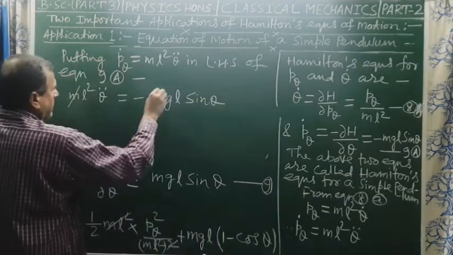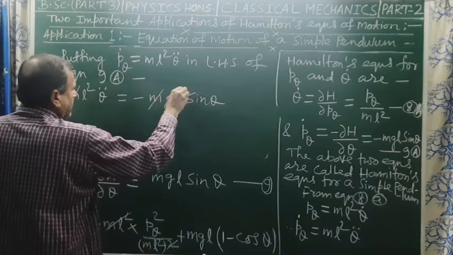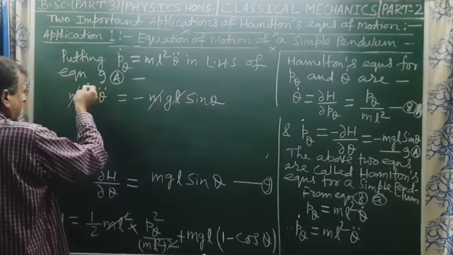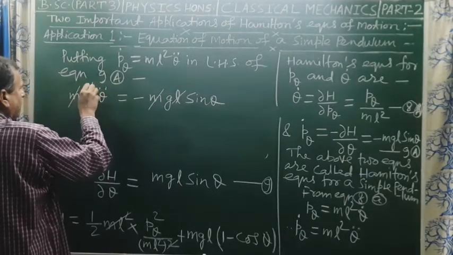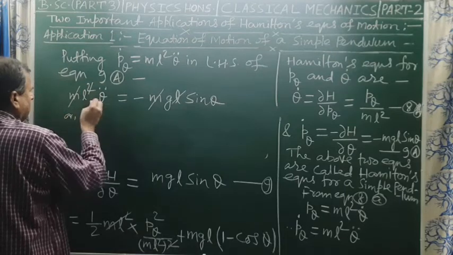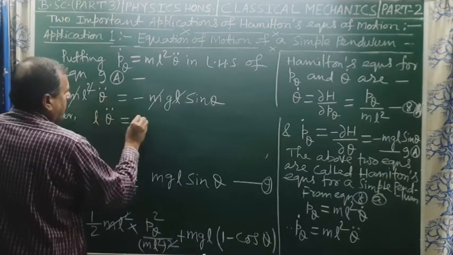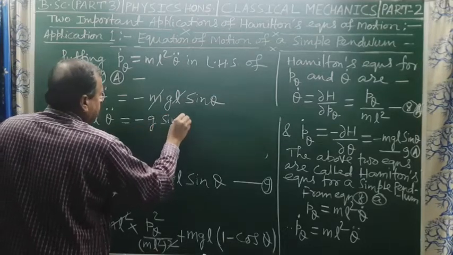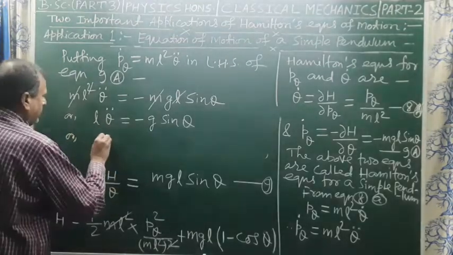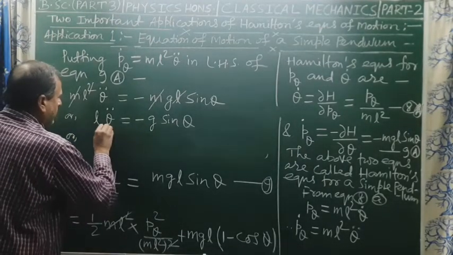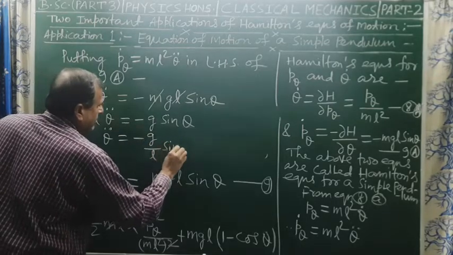Both m in the LHS and RHS will cancel out, and L in the RHS and L square in the LHS will cancel out, leaving only one power. So we are left with L theta double dot equals minus g sin theta, or dividing both sides by L, we get theta double dot equals minus g by L sin theta.